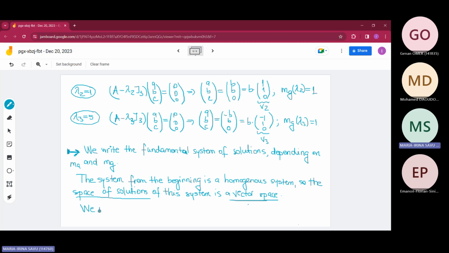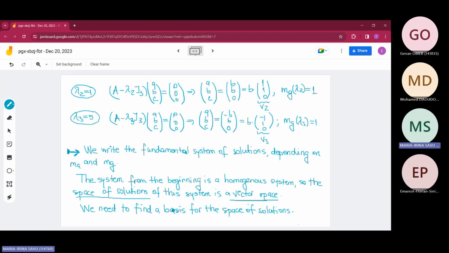So we need to find a basis for the space of solutions. And what kind of vectors do you have in this basis?